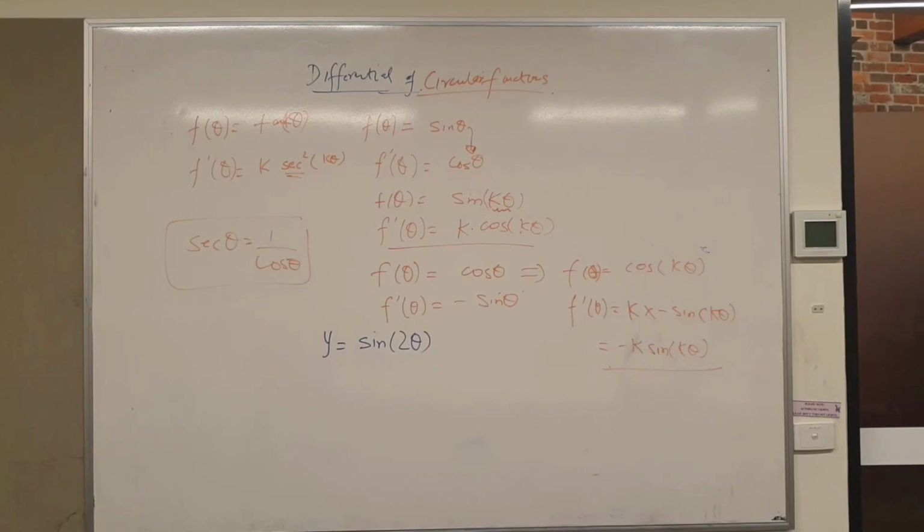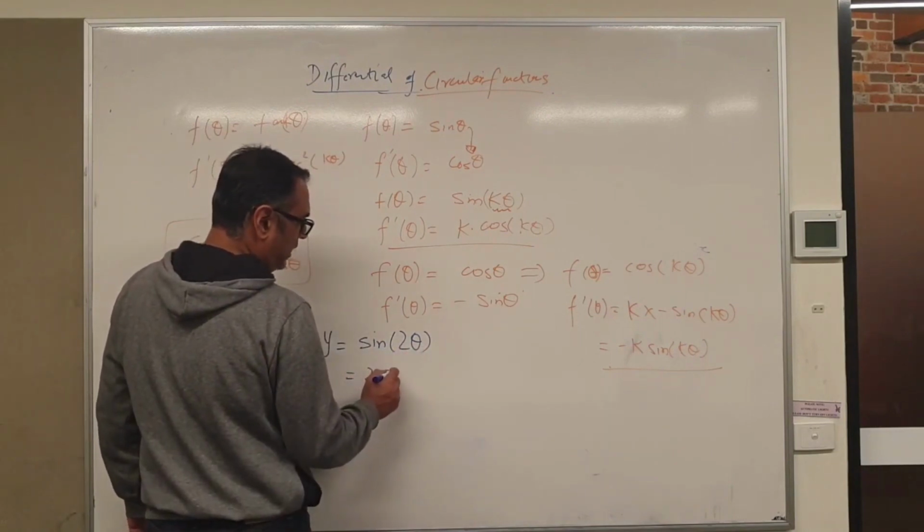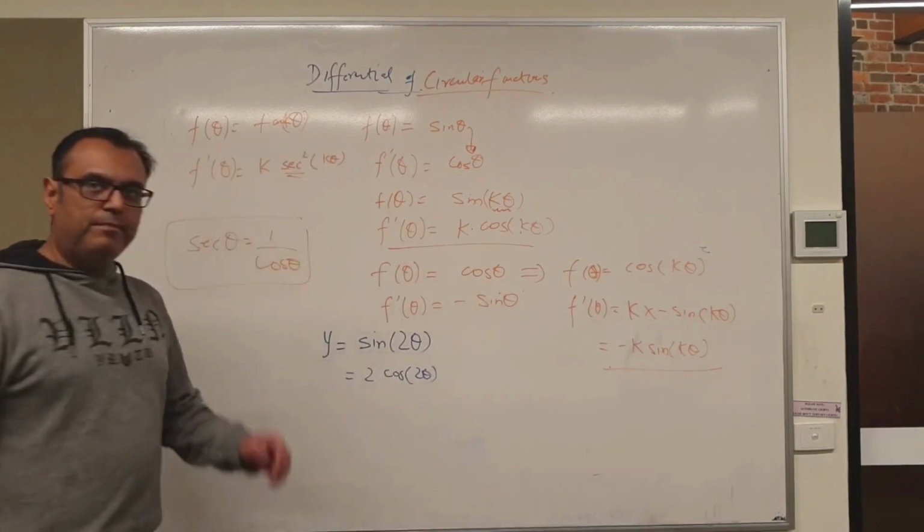Romel, done? 2 cos 2 theta. Simple. Differential of this value, and you just flip it.